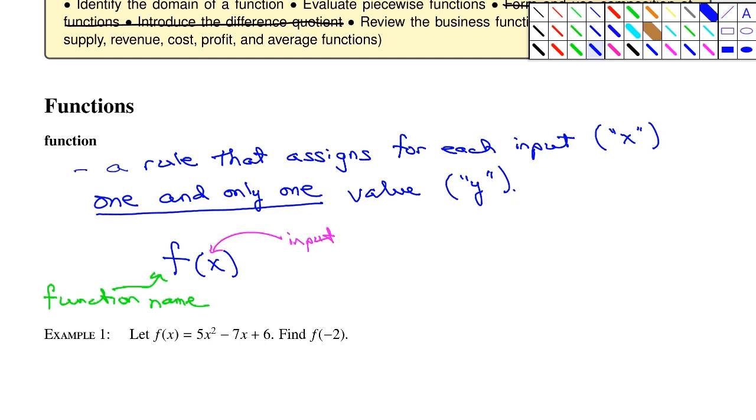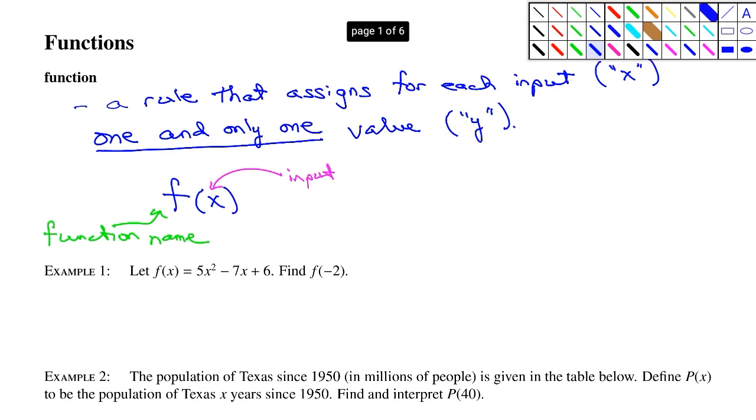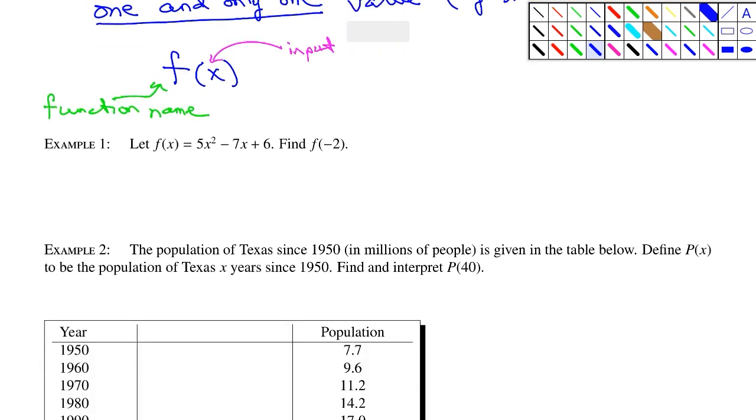So for example, when we look at number 1, we have f of x is equal to 5x squared minus 7x plus 6. So that tells me the function name is f, and the rule says take the input and square it, then multiply it by 5, then take the input again and multiply it by 7 and subtract that result from the first, and then finally add 6.